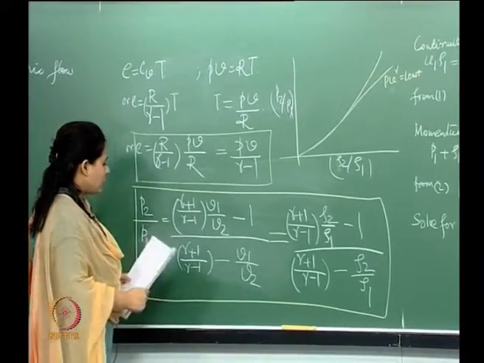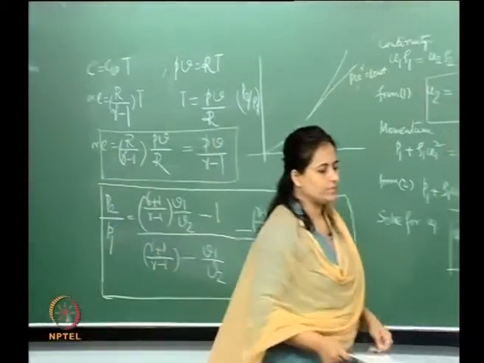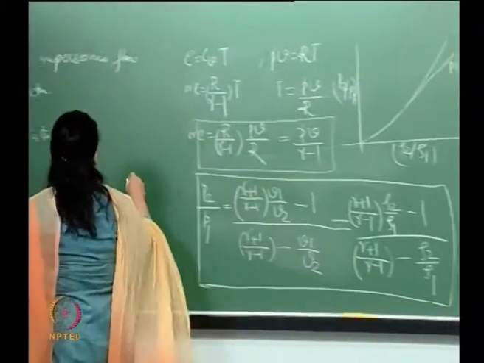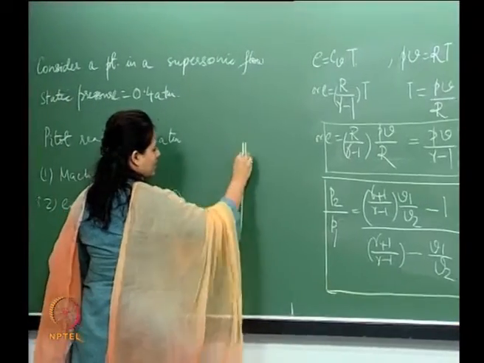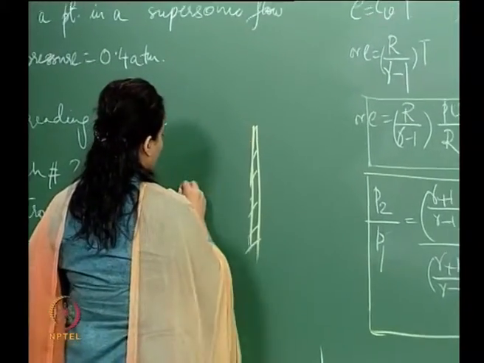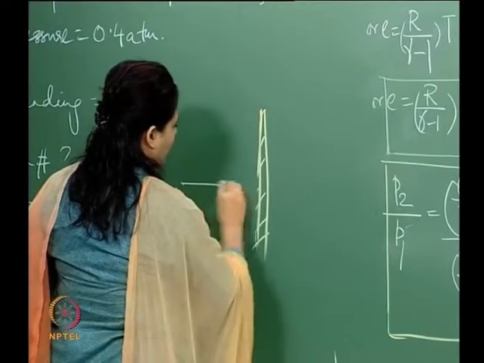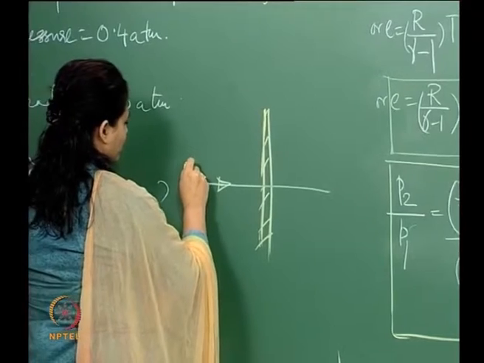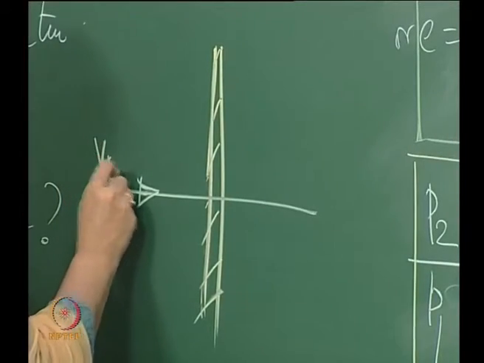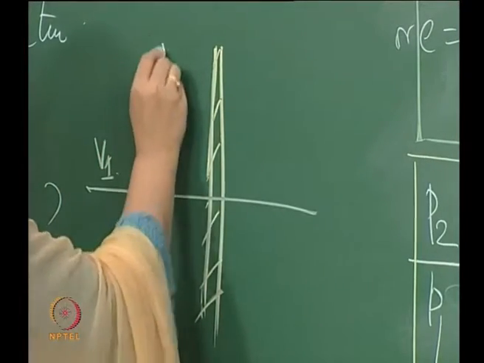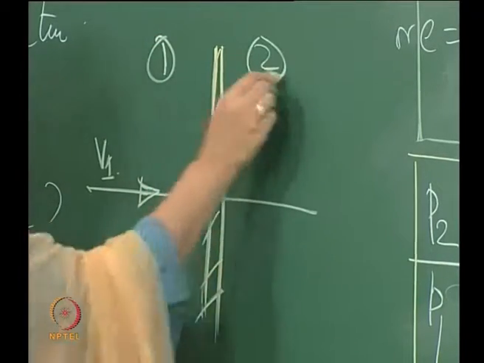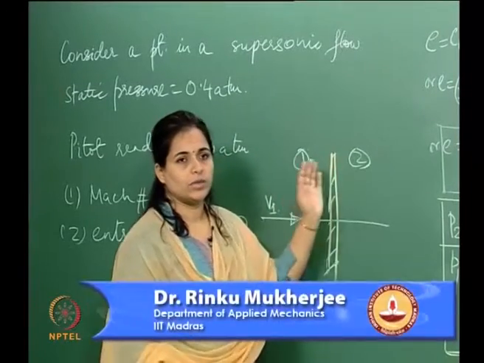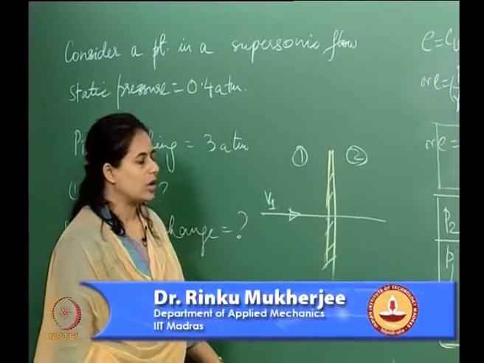So far what we have done is that, say we have a normal shock like that, we have flow coming in. So we calculate velocities, we calculate basically the properties in regions in front and behind the shock.